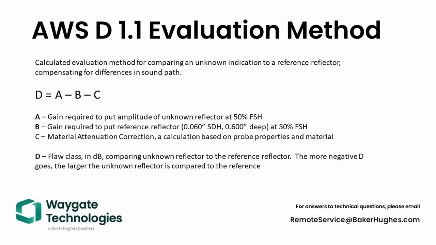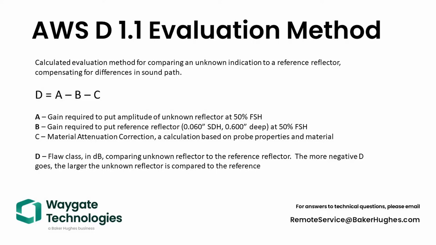That calculation comes from comparing the gain of an echo during inspection to the gain required to set a reference indication to 50% screen height. It compares those two gains and also applies a correction factor for material attenuation. So we talk about 4 parameters.